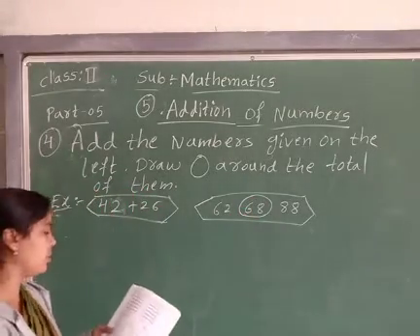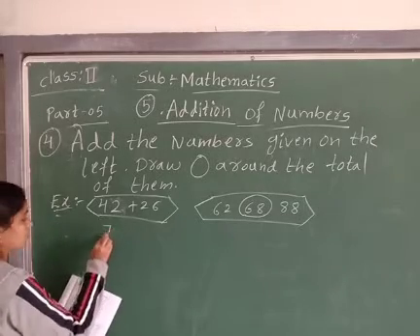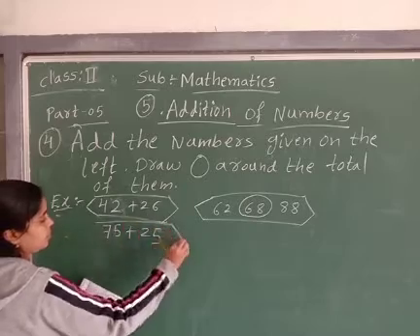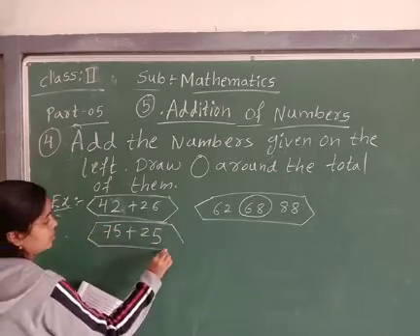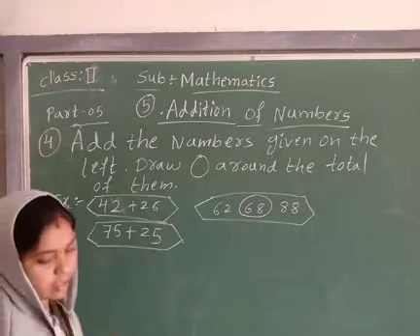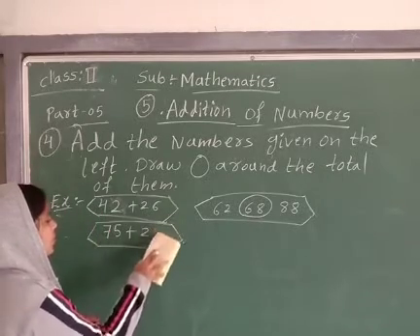Are you understanding now? Now 75 plus 24. 75 plus 24.